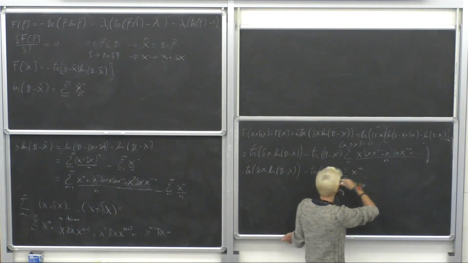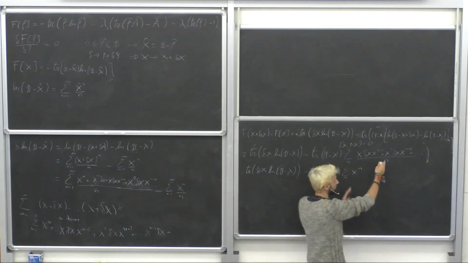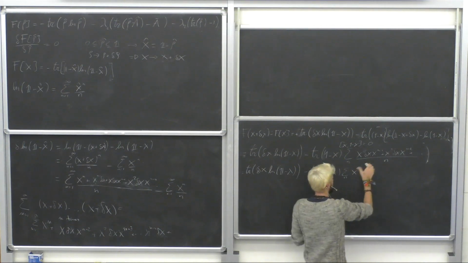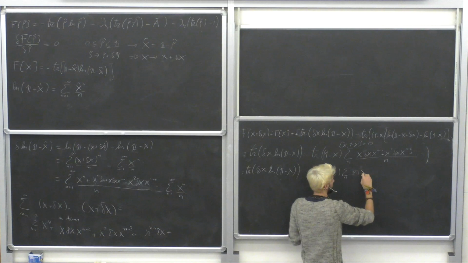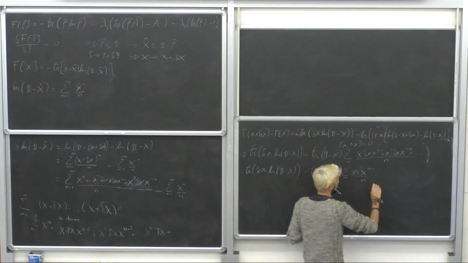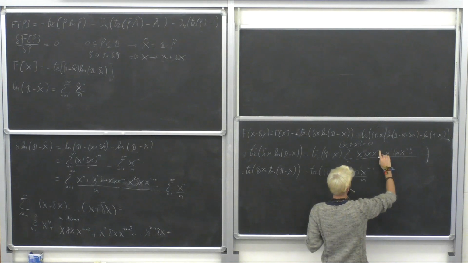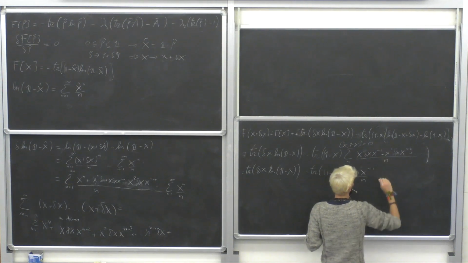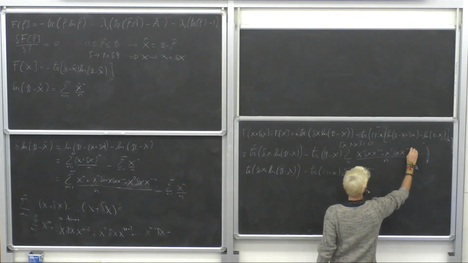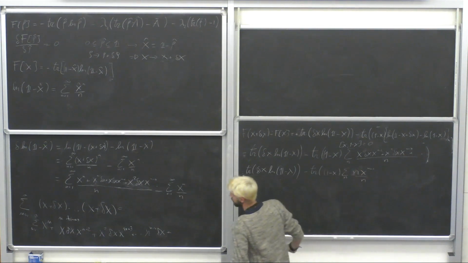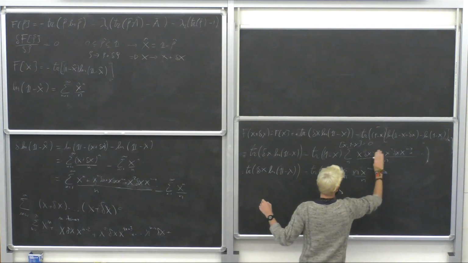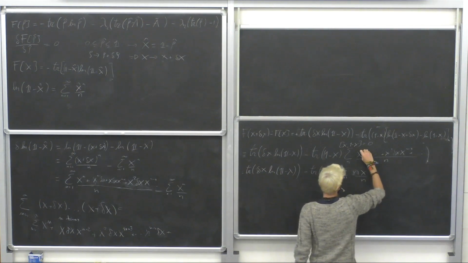Basically now the thing that I was saying before applies. By reordering the x, we get n times x to the n minus 1 over n. In fact, it's n minus 2 directly, right?